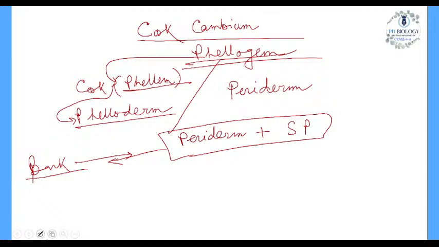At certain regions, phellogen cuts off closely arranged parenchymatous cells on the outer side. These cells rupture the epidermis. You know, these are lenticels.